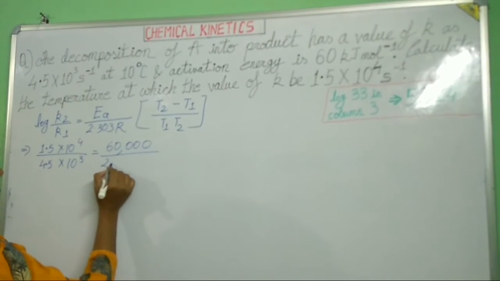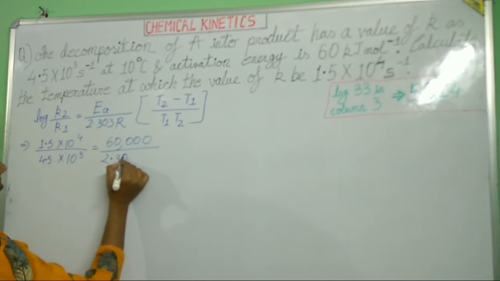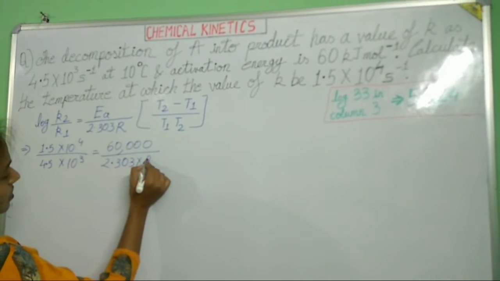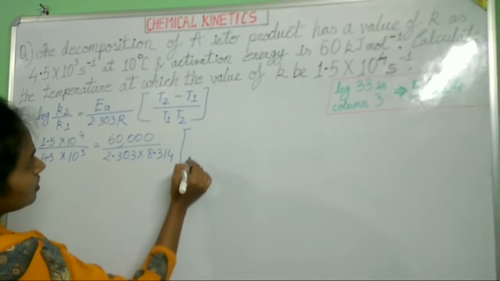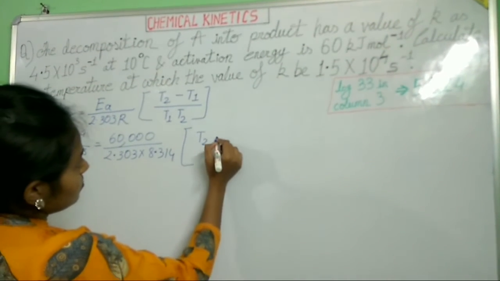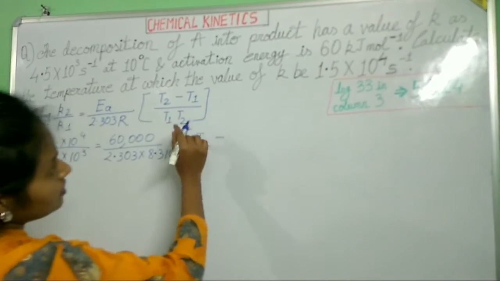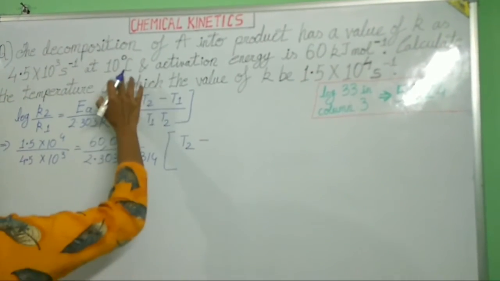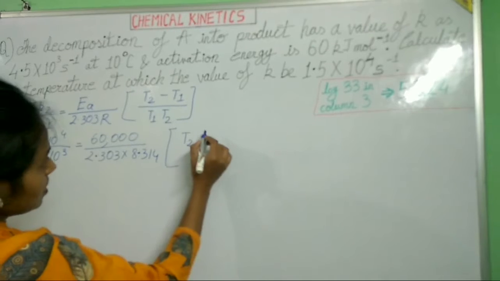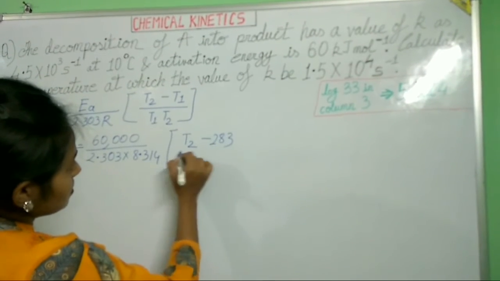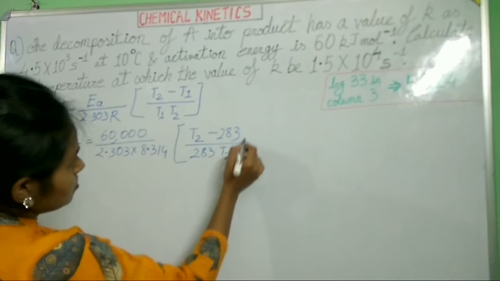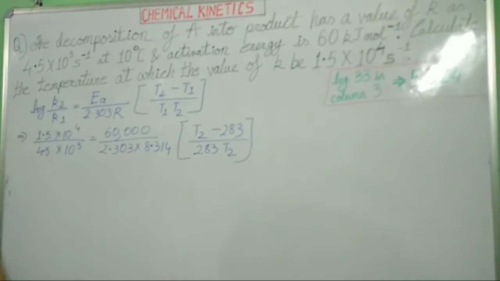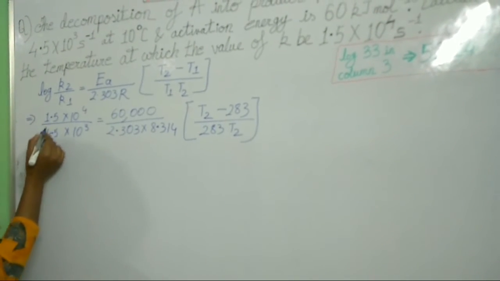And 2.303 into 8.314 is R's value, and T2 we have to find out. What is T1? T1, it is given 10 degrees Celsius, means 273 plus 10 is 283. 283 into T2.